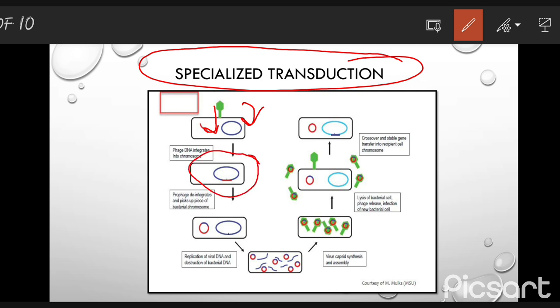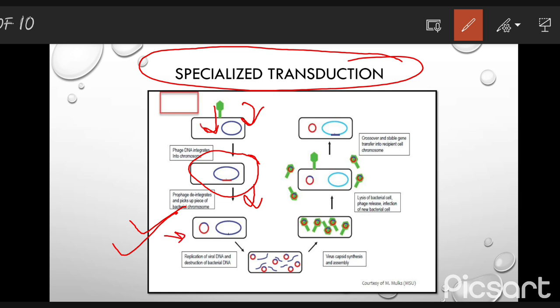Phage DNA integrates into the chromosome, and this is the major step of specialized transduction, where the prophage is generated. That means phage DNA is attached to the bacterial DNA. This stage is nothing but the prophage stage. Then in the next step, the prophage deintegrates and mistakenly picks up a piece of bacterial chromosome.